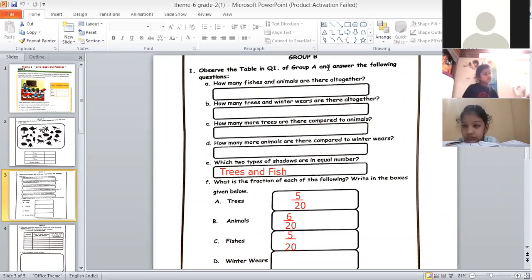Okay. Now last one, winter bears. Anik, unmute yourself. Yes, Anik, last one. What is that? Anik, please read the last word.